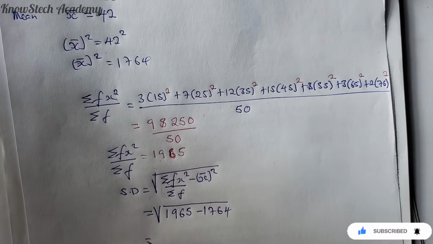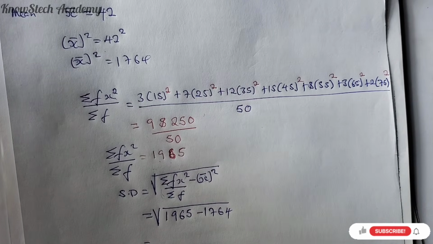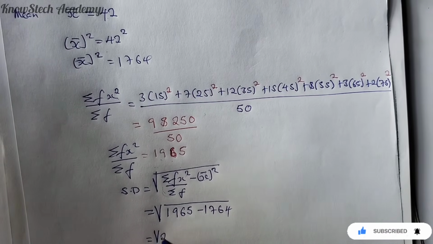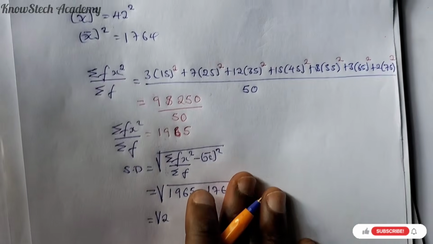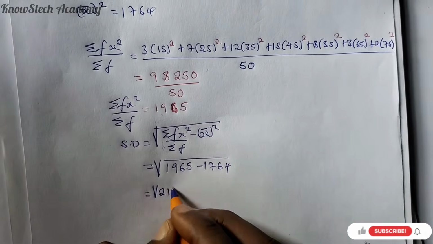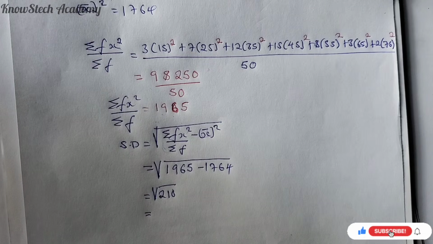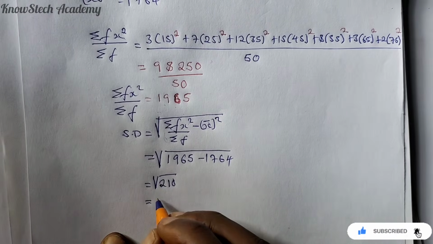So when you subtract inside there, 1,965 minus 1,764, we're going to have 201. Then let's find the square root of that.